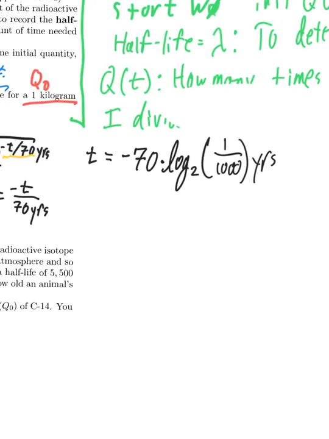And so you might look at this and object. This is saying that's how long you have to wait for 1 kilogram to decay down to just 1 gram. And this looks negative, doesn't it? It's got a negative sign right here.